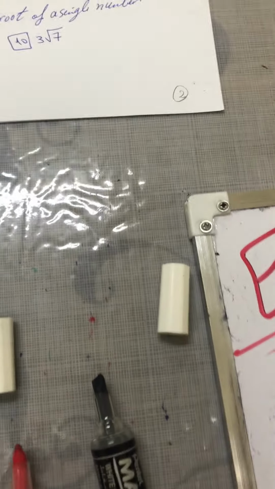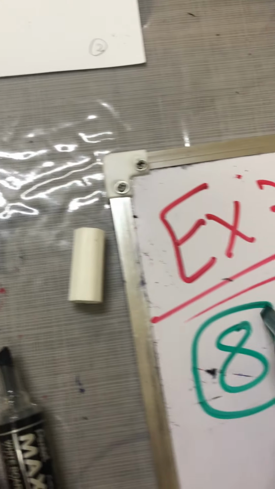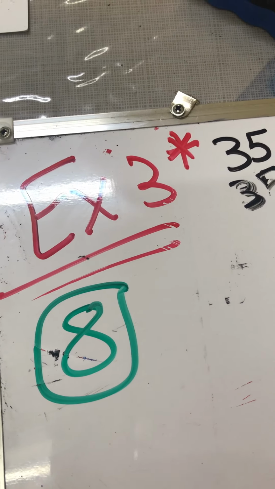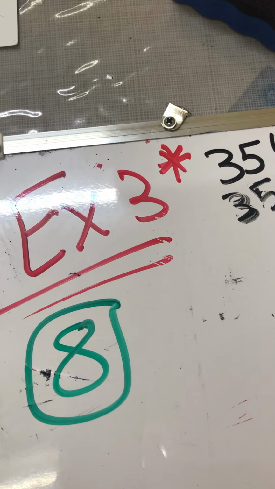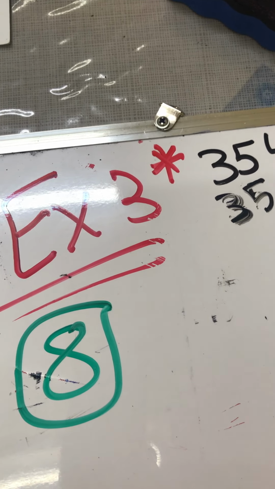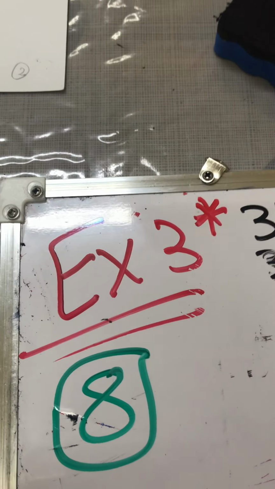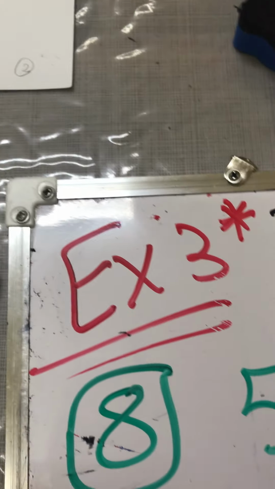Okay, which problem do we have now? I have number 8. In problem number 8, it says express as the square root of a single number. I have here 5 square root of 3.